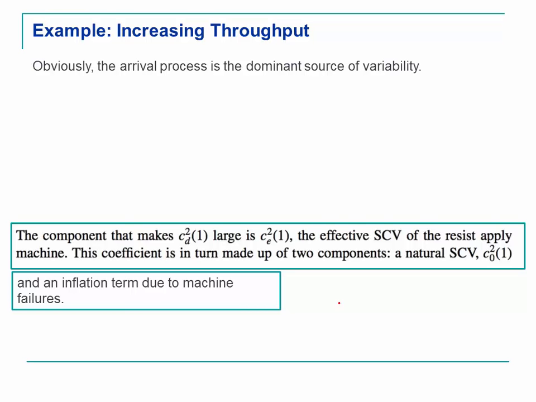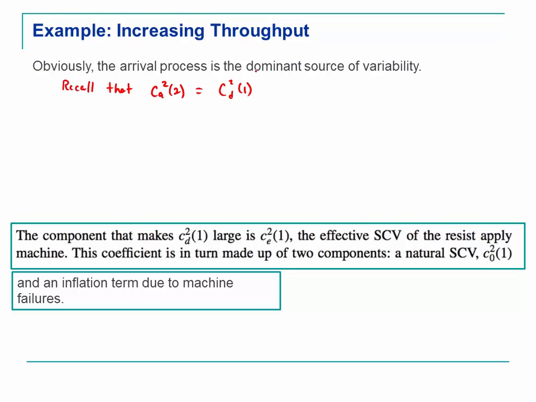So obviously the arrival process is the dominant source of variability for this system. So recall that CA squared of 2 will be equal to the squared coefficient of variation of the departure process of the first machine.